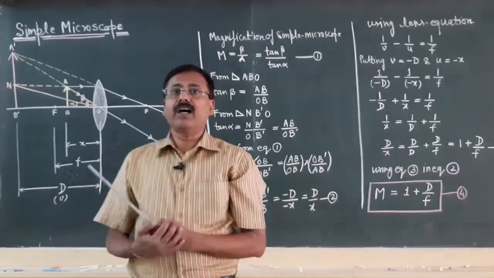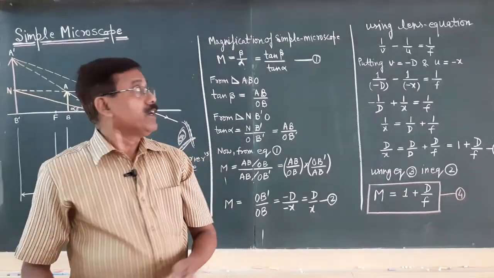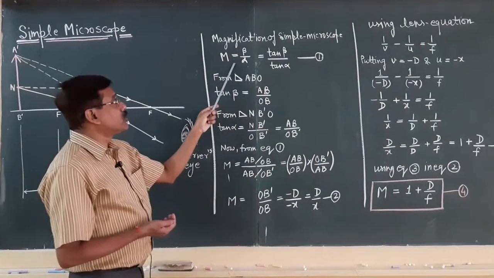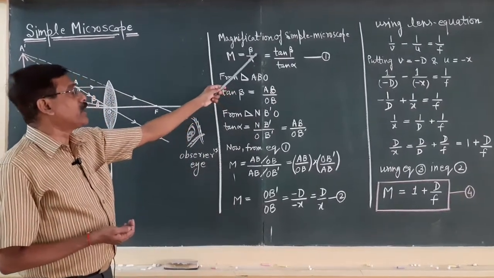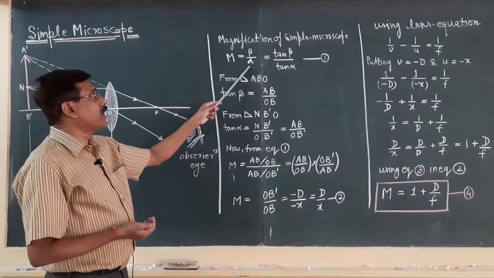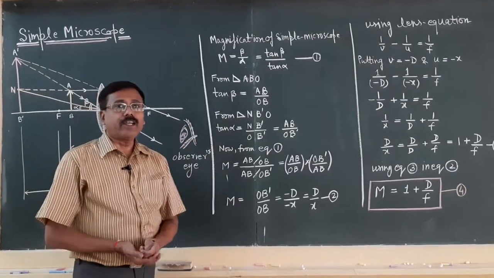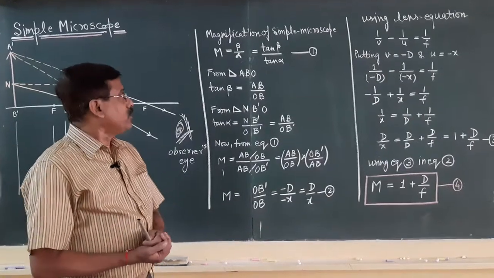Now, how will we get the expression for magnification? The magnification of a simple microscope is given by the ratio of the visual angle subtended by the image to the visual angle subtended by the object, provided both are lying at the least distance of distinct vision.